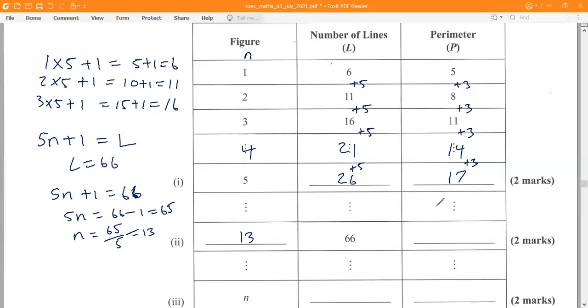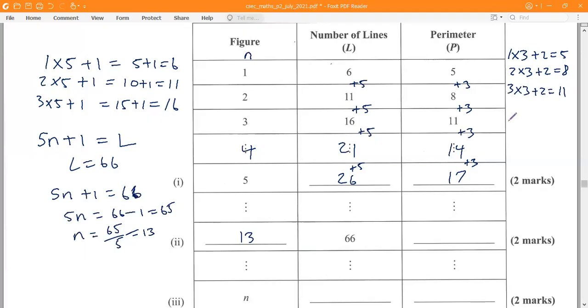So the relationship between the numbers in the first column and the perimeter: 1 times 3 plus 2 is 5. By trial and error, 2 times 3 plus 2 is 8. 3 times 3 plus 2 is 9 plus 2, which is 11.